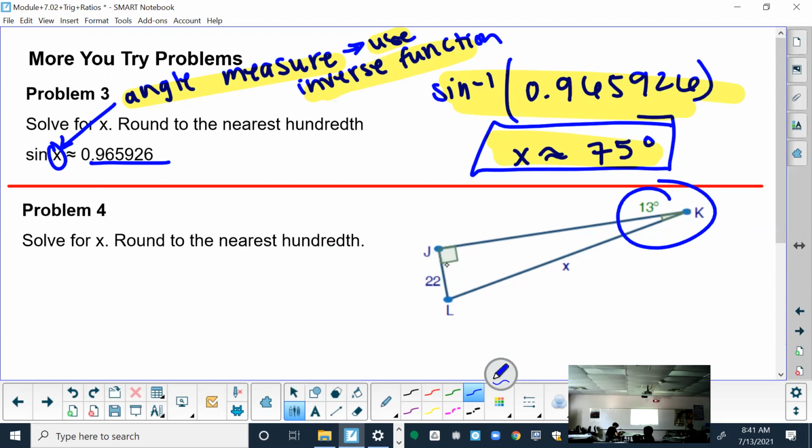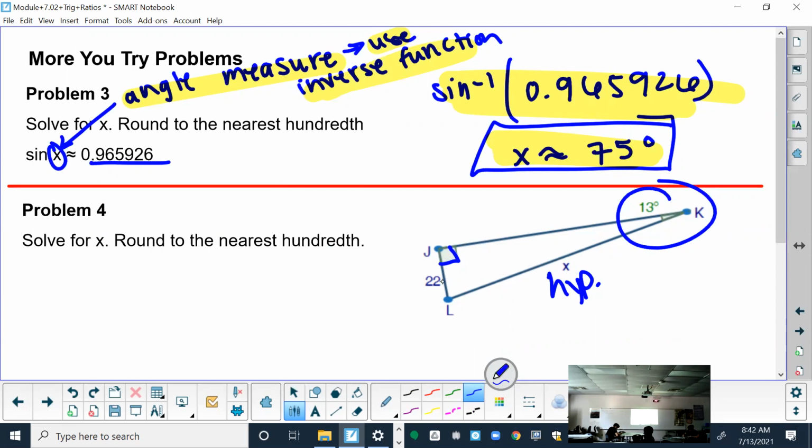Look for your 90-degree angle. Is it directly across from the 90-degree angle? The answer should be yes, so that makes it your hypotenuse. Always across from the 90-degree angle is your hypotenuse.